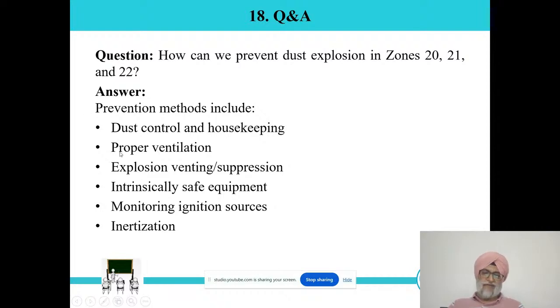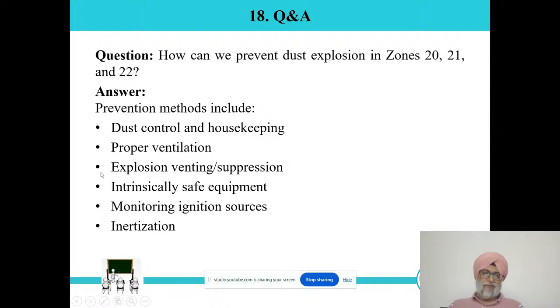We will provide adequate ventilation in case of closed rooms as per the international standards for ventilation, that is, if we maintain the air change count. Or otherwise, in case of equipment, if we have negative suction, we create a vacuum in the equipment, so the explosive mixture concentration will not be achieved, and through this method we can prevent it. Next is explosion venting or suppression device.